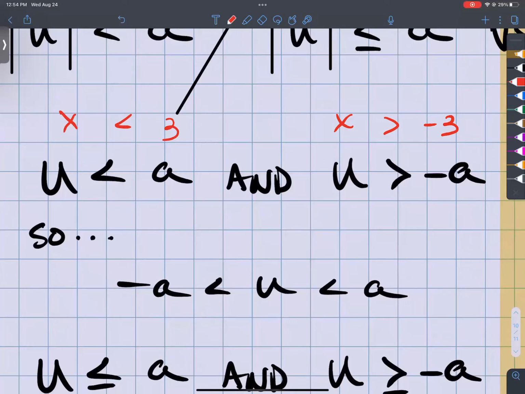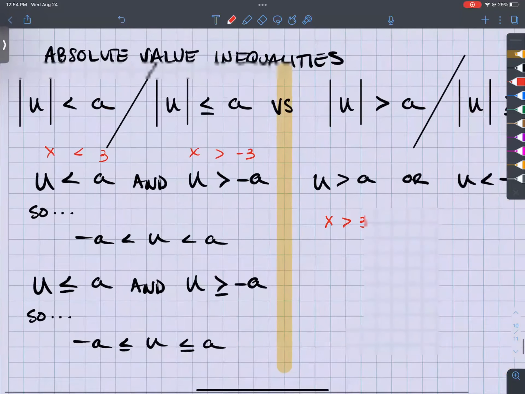It says X is less than 3, so wouldn't it be open circle pointed that way? And X is greater than negative 3, wouldn't it be open circle pointed that way? Are they going to meet each other? Are they going to cross each other? That's why it's an and, because they are going to have common points or intersections. Does that make sense? Yes? Great. That's the only reason why it's an and versus an or.